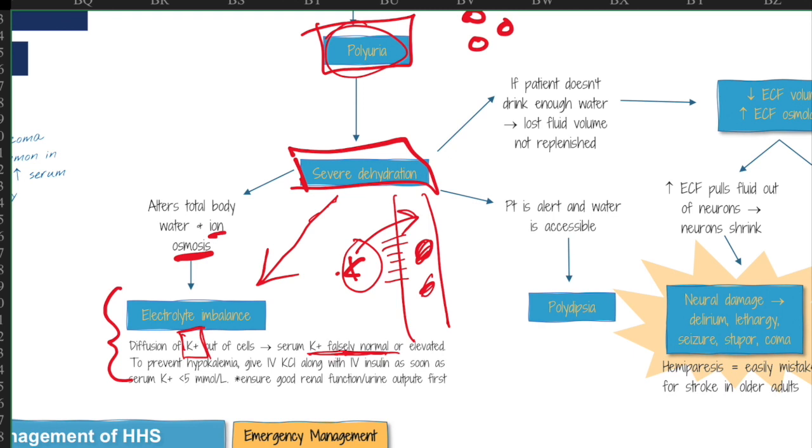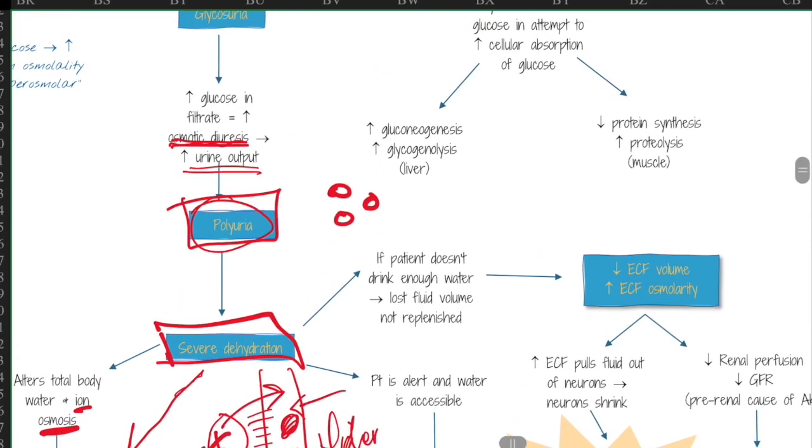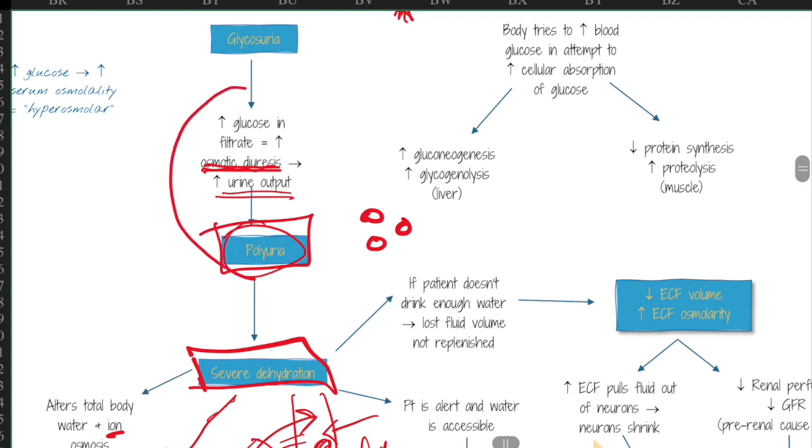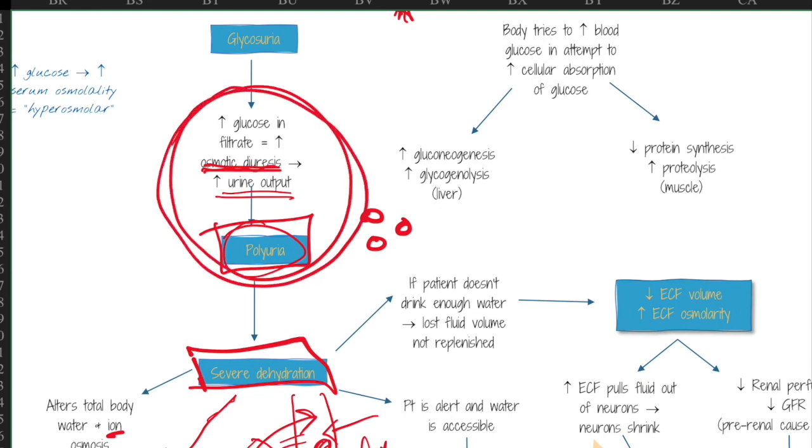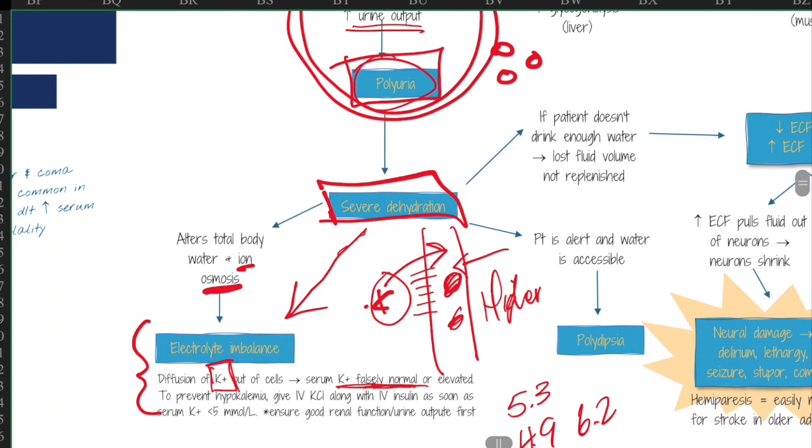And so sometimes a patient will come in and their potassium will be 5, 5.3, even 4.9. Sometimes it'll be quite high, it might be a 6.2 or something. And you're still getting potassium ready, because what's going to happen is we've got this whole polyuria osmotic diuresis thing going on. So all of that urine, all of this fluid is getting filtered in the kidneys and then coming out in your urine.